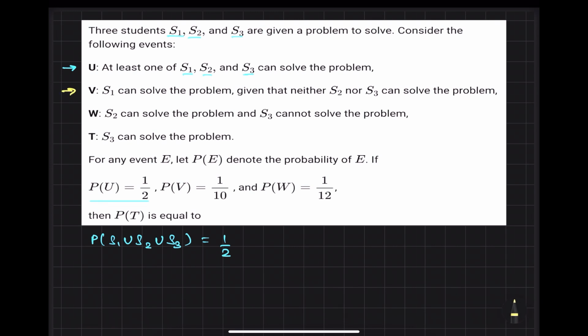V. S1 can solve the problem given that neither S2 nor S3 can solve the problem. So what does this mean?